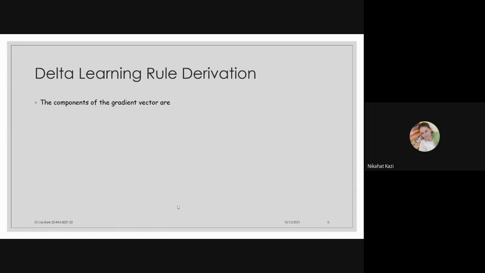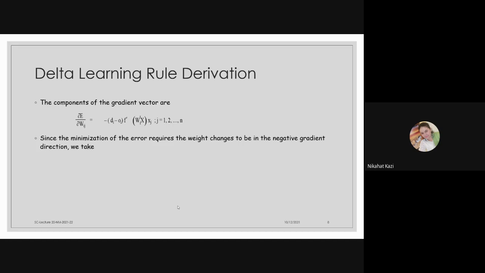If you talk about the individual components of this vector, we can represent it in terms of partial derivatives as dou E by dou w i, with respect to each individual input, so x j for all x j. Whatever inputs are coming into the neuron, for all these inputs you can define this kind of equation.